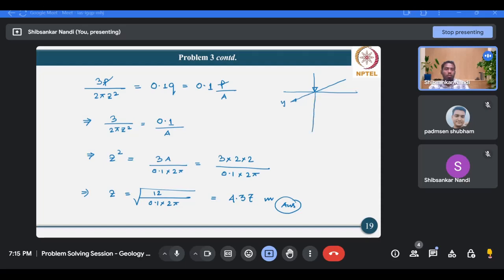So this is your X, this is your Y, and this is your Z. Okay.